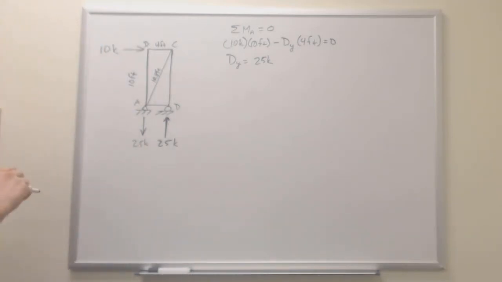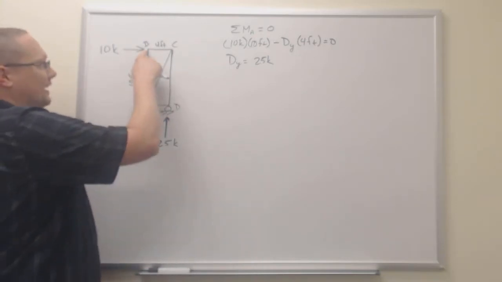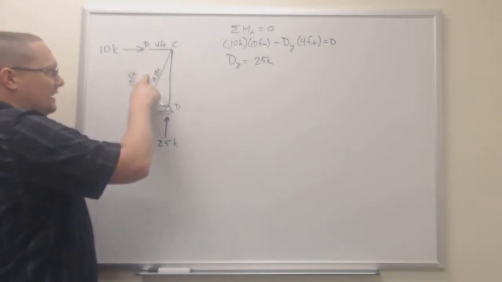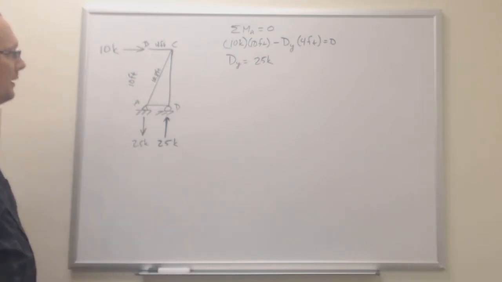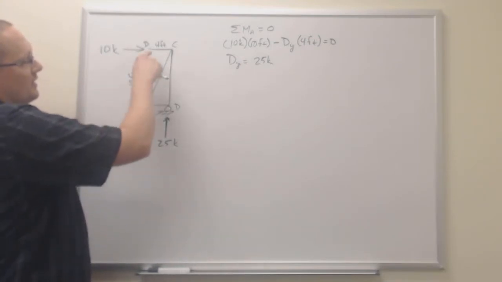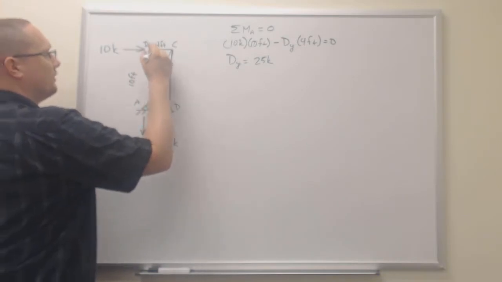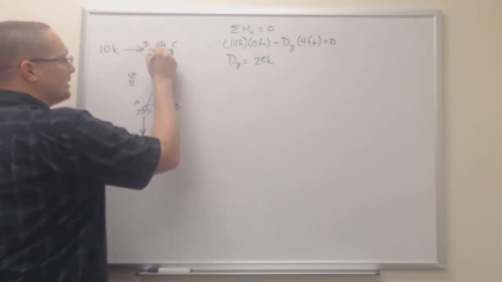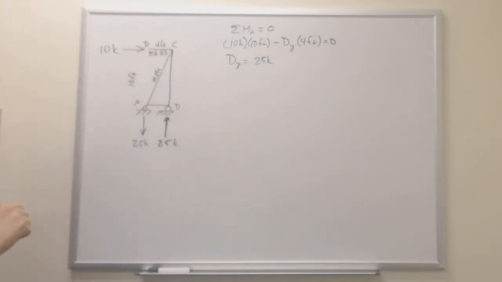Okay, remember from last time, we didn't even need this member right there because there was no force in it. So we know that up here we're going to have 10,000 pounds of compression, so 10 kips in compression.